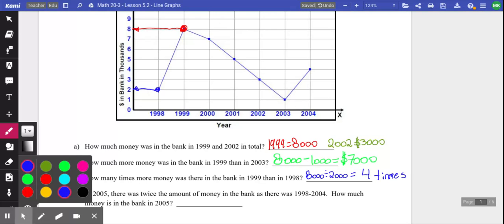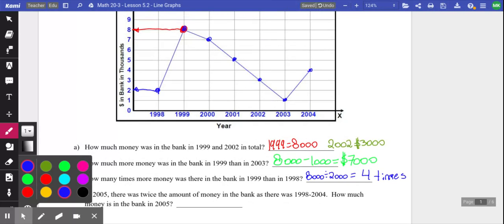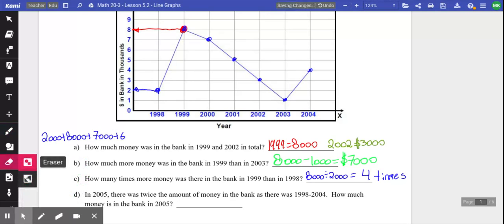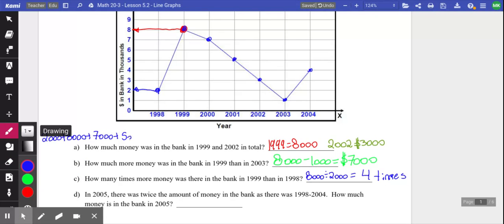So we go 2,000 plus 8,000 plus 7,000 plus 5,000 plus 3,000 plus 1,000 plus 4,000.